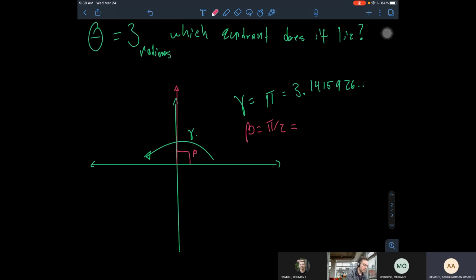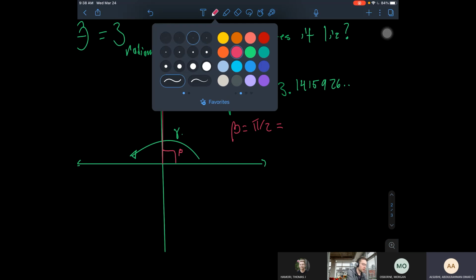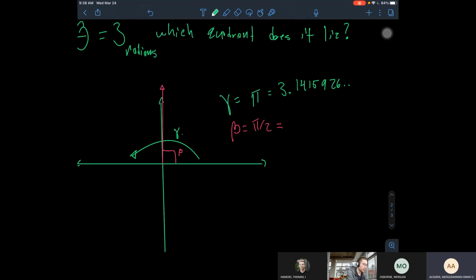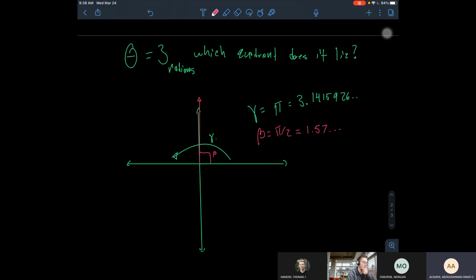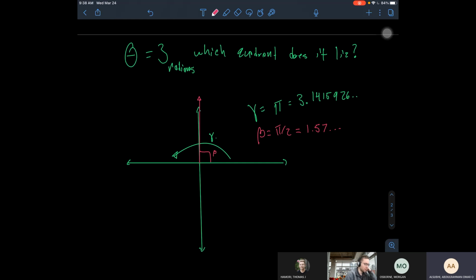And if we take the number 3.14159... and divide by 2, we'll get something like, let's see what I get if I do it, 3.14 over 2, something like 1.57... So let me draw gamma with a different color.